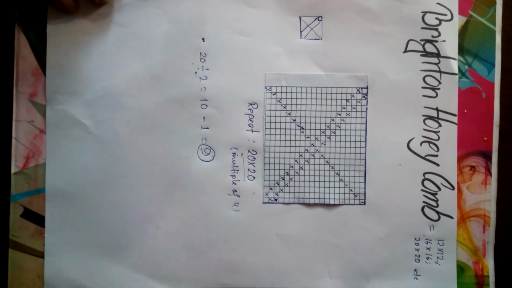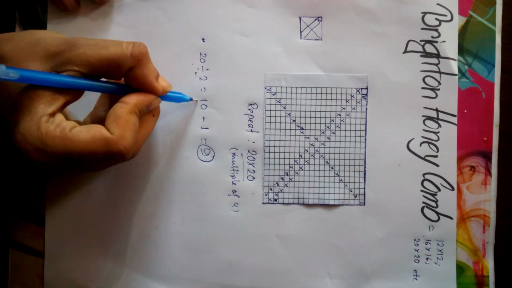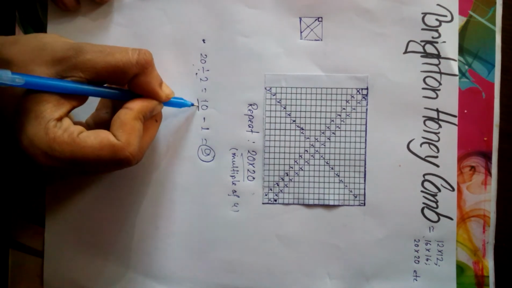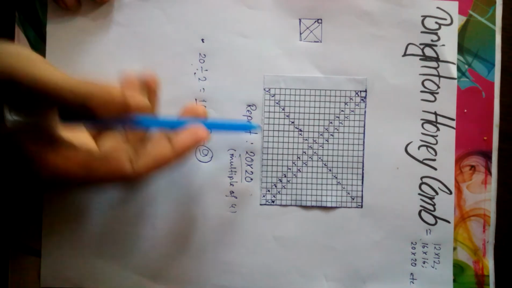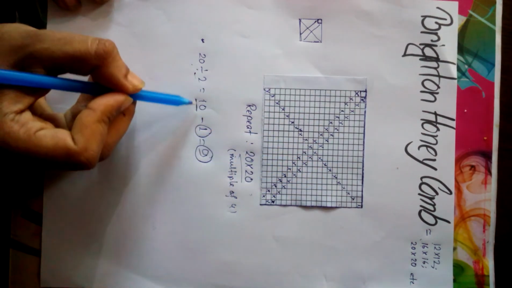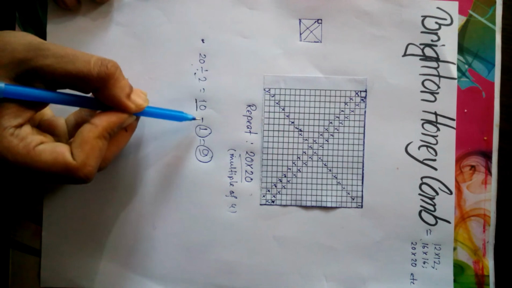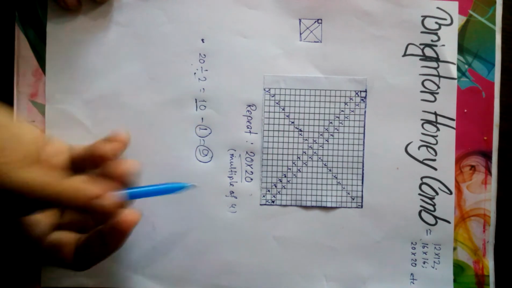Whatever repeat we take, we divide it by 2, and from the result we subtract 1. If we take 16 into 16, dividing by 2 gives 8, and subtracting 1 gives 7. In the case of 20 into 20, dividing by 2 gives 10, and subtracting 1, the ultimate result is 9. Now our task is to make the pyramid, and to make the pyramid we take 9.